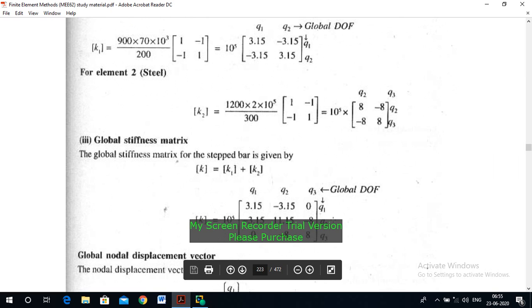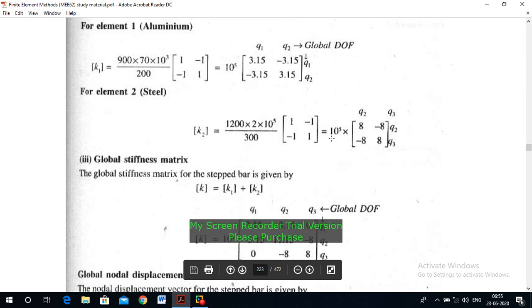Next, we need the element corresponding to second row, third column. In matrix 1, the element corresponding to second row and third column is not there, but in case of element 2, the element corresponding to second row, third column, minus 8, is there.